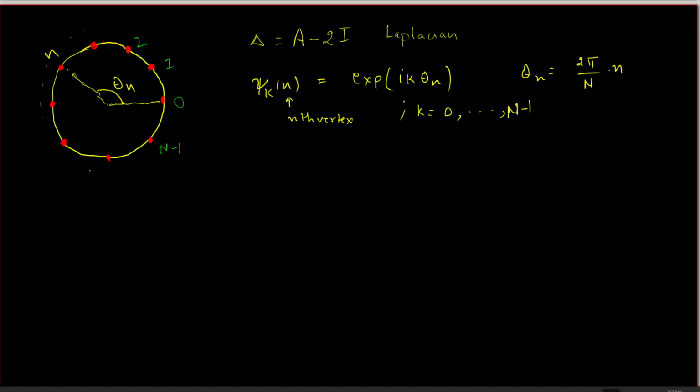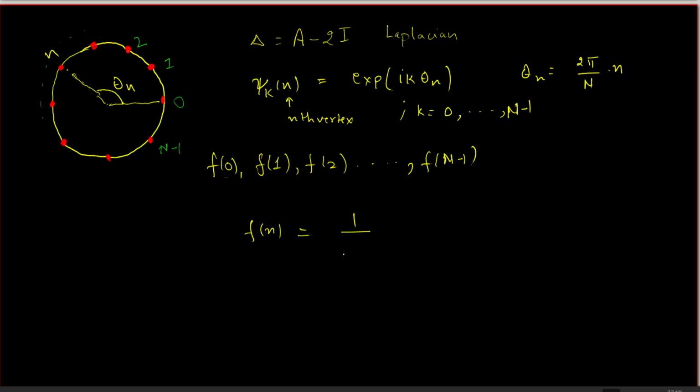Since these eigenfunctions form a complete basis, any discrete function f defined on these vertices, with values f0, f1, f2, up to f n minus 1, can be expanded in this basis.